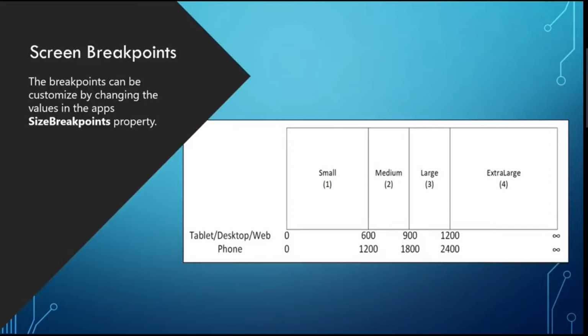So how is it defined what the screen size is? By default, there is a screen breakpoint property given in Power Apps, where, when we choose tablet, desktop, or web application, it gives us a pointer: for 600 screen size it gives 1, for 902 it gives 2, for 1200 it is 3, and other than this it is 4, so we can manage like we do with CSS media queries. These values 1, 2, 3, 4 are provided regarding the screen breakpoint.